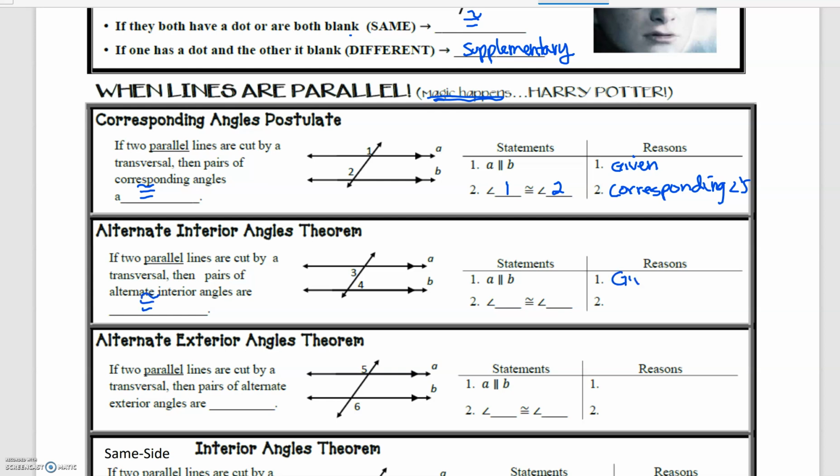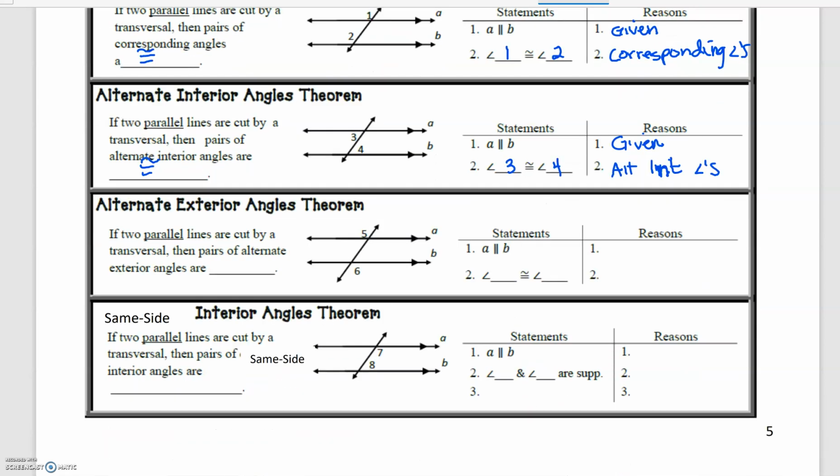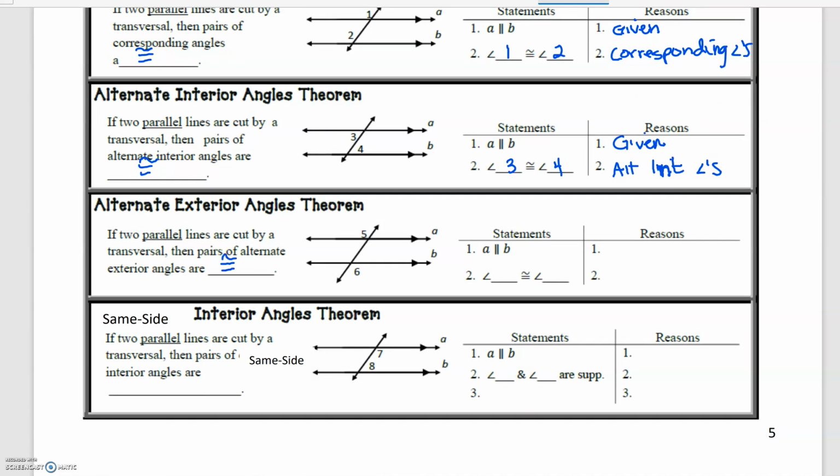So again, given. 3 and 4 are congruent because they're alternate interior. Alternate exterior are congruent, and that would be 5 and 6. So given, and then alternate exterior angles. And I should be adding the theorem because it is the theorem.